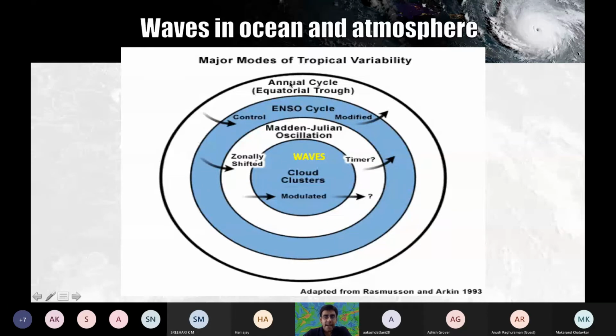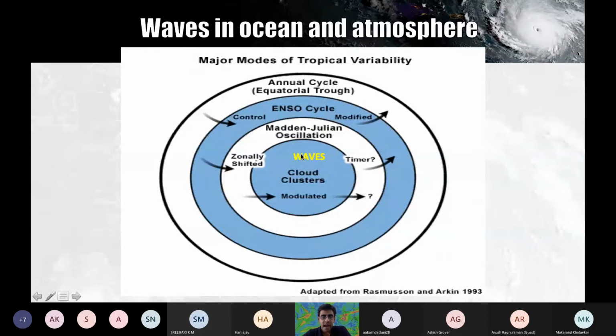Okay, and the way they actually lead to formation of clouds. So all of these actually lead to formation of clouds. Any of these, ITCZ or ENSO or Madden-Julian oscillation, eventually it is seen as a cloud cluster in the atmosphere. So the connecting link between all of these is the waves. So if you take away the waves, then this cloud cluster will not form.